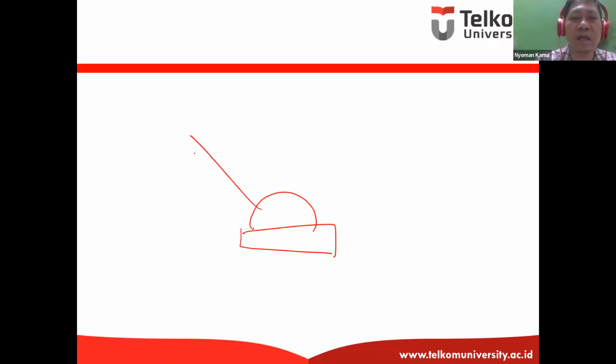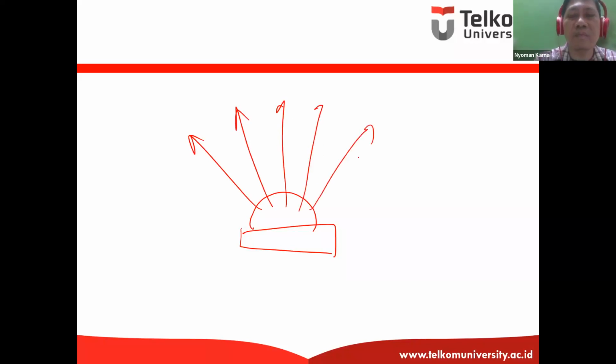It will send a beam, an infrared beam, to its surroundings, and then if there is an object in here, and that object is moving, then it can detect the movement.